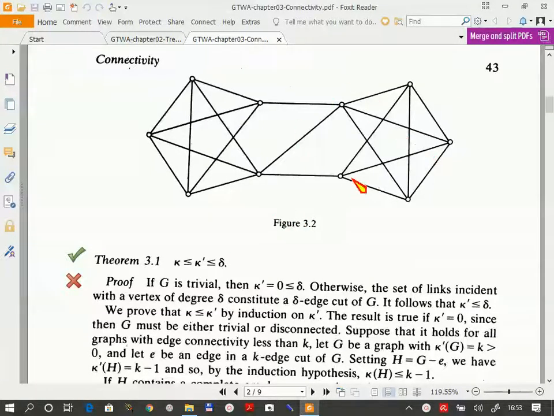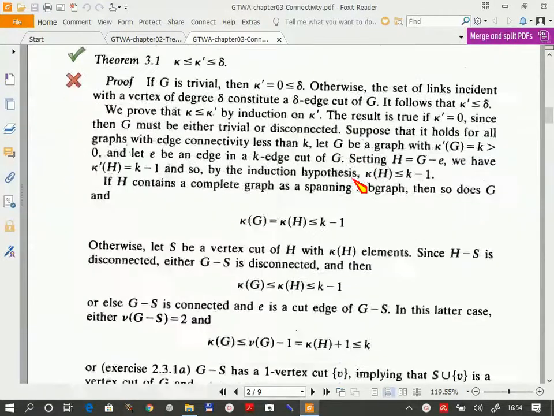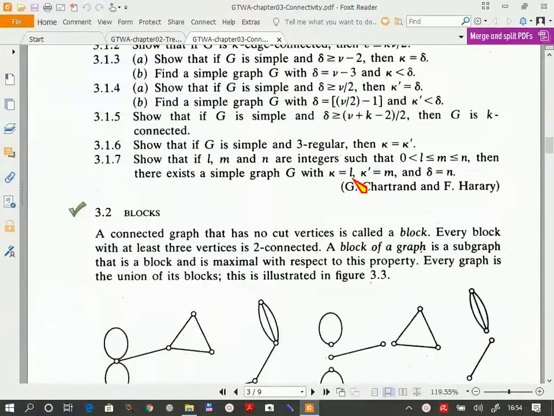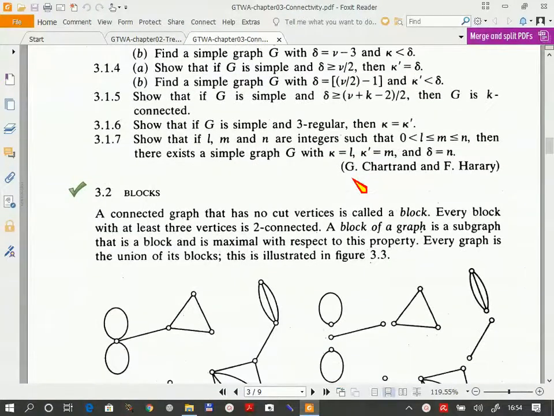And so in this graph, you have the strict inequalities of theorem 3.1. Here I just want you to be able to remember the definitions and to give examples.